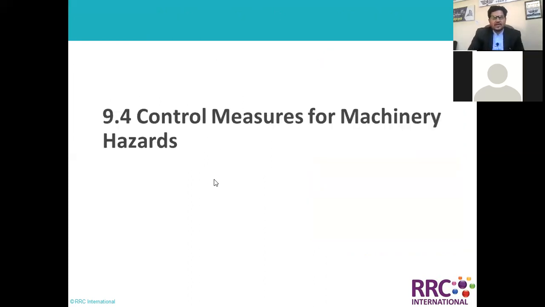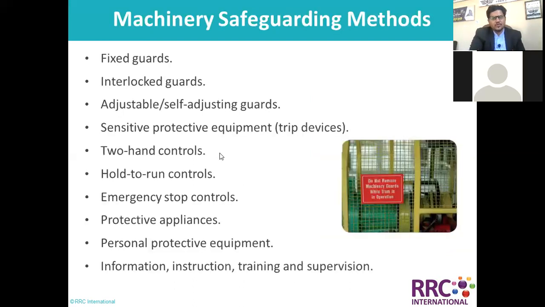Now it's time to understand how to control machinery hazards, or what control measures we have to apply: either eliminate them, find a substitute, use engineering controls, go for administrative controls, and have suitable PPE, altogether the hierarchy of control. Whenever we hear the word control, the hierarchy of control should come to mind. Then it is easier to understand.